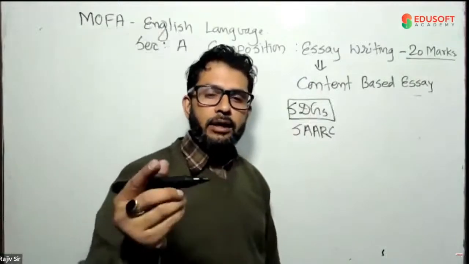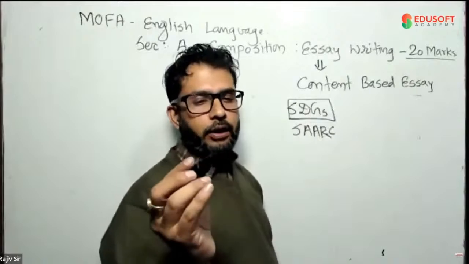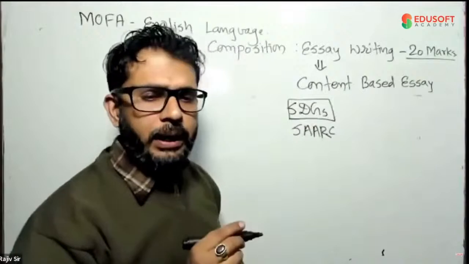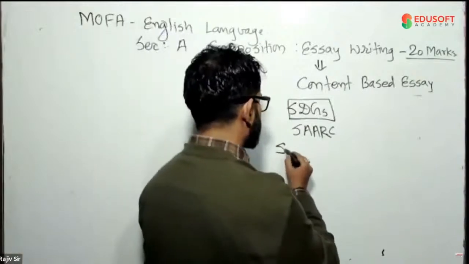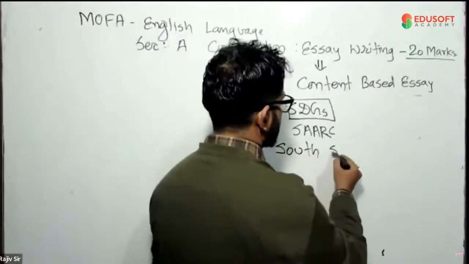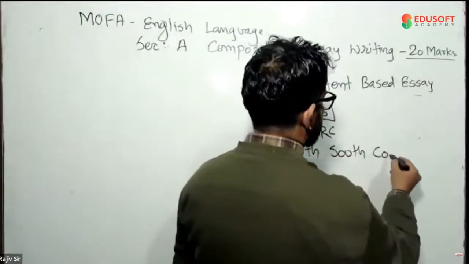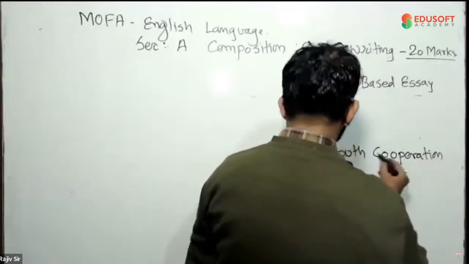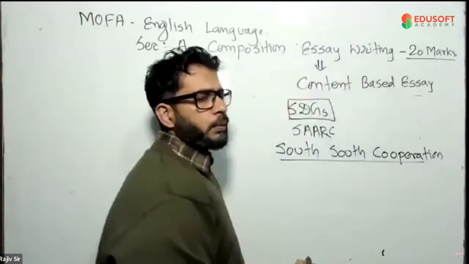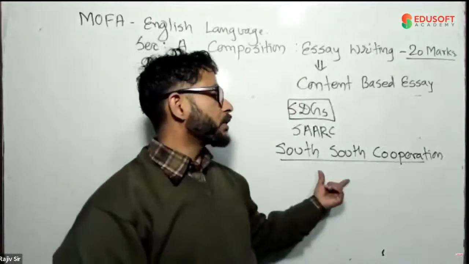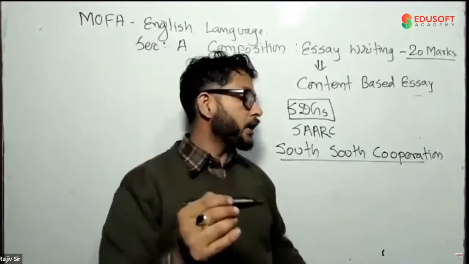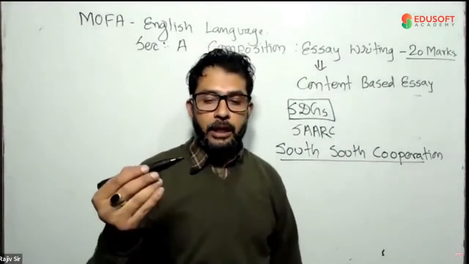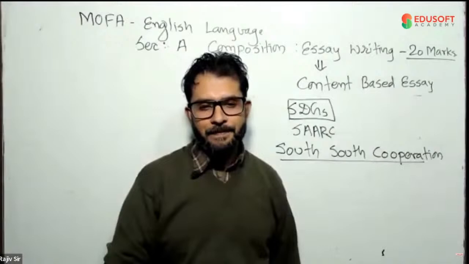Even if you look at the questions of 2079, there was a question, students, that was asked about South-South cooperation. An essay upon South-South cooperation. Now, what is South-South cooperation? You were asked to write an essay upon South-South cooperation for the economic development of nations.